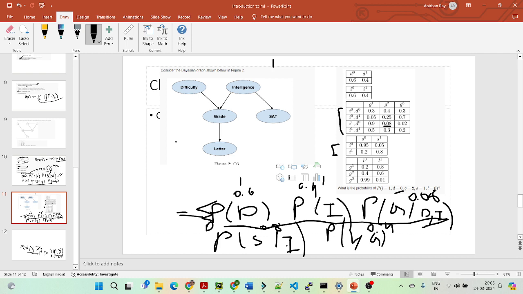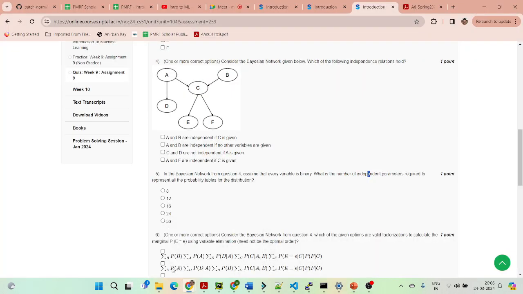It depends on the values. Suppose G takes values 1, 2, 3, so how many variations are there? Maybe the question is not super clear here. What is the number of independent parameters required to represent all the probability tables for the distribution?